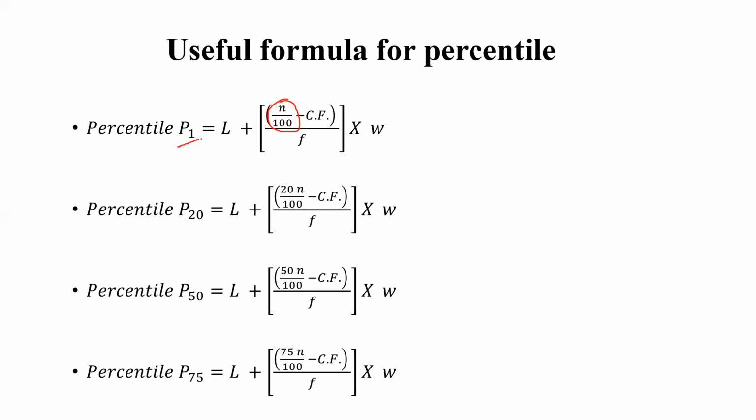So for the first percentile it would be n by 100, for the 20th percentile 20n divided by 100, the 50th percentile is 50n divided by 100, and the 75th percentile it will be 75n divided by 100, and the rest of the concept is common, as we have discussed for the median. So this is the overall summary about quartile deviations, percentiles, and deciles. So we need to understand. Thank you.